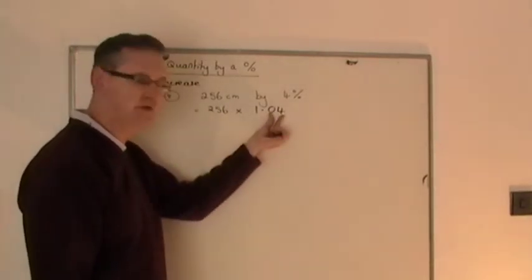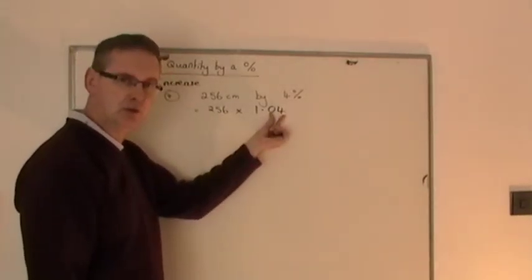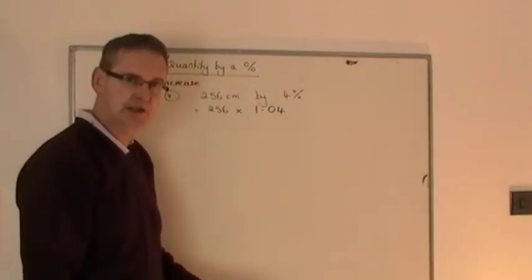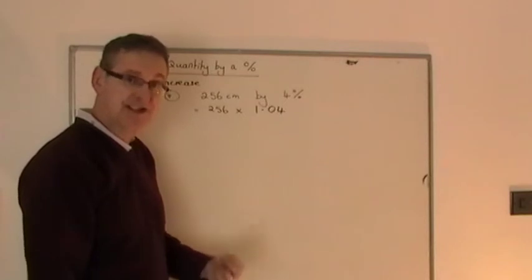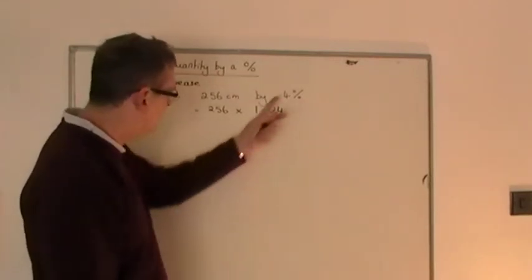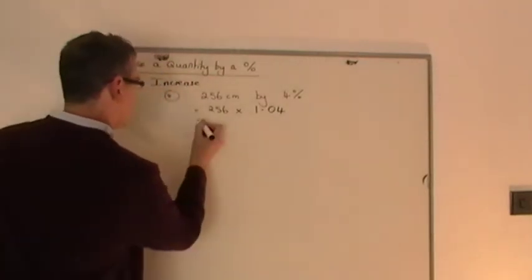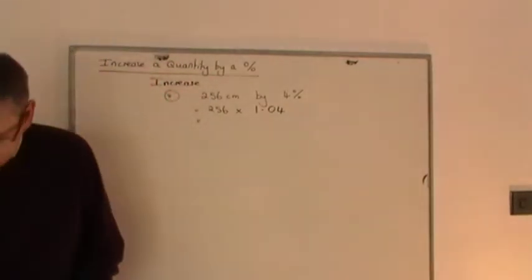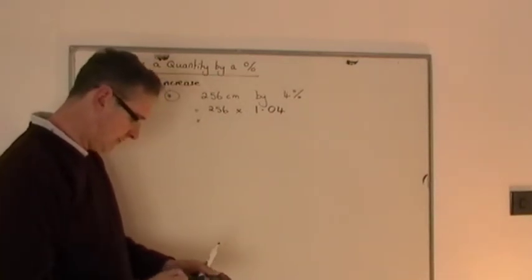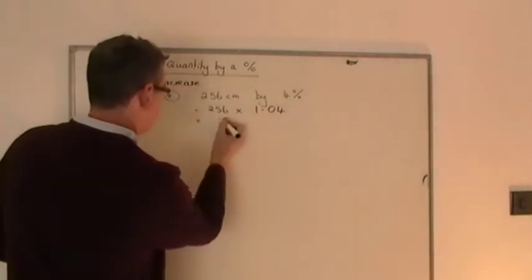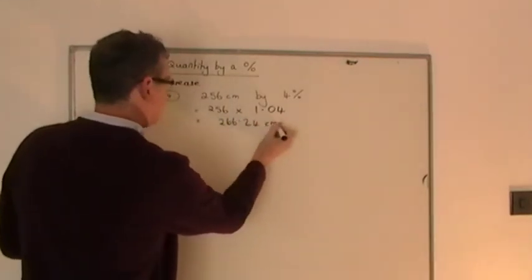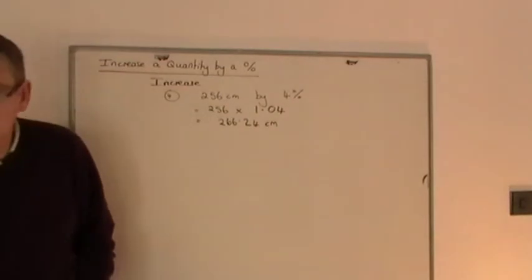You always must have two decimals. 1.04 is 4%, 1.07 would be a 7% increase. 1.7 would be a 70% increase because it's 1.70. So 4%, 1.04. So you reach for your calculator and you have 256 times 1.04 and you get an answer of 266.24, and we're in centimetres.